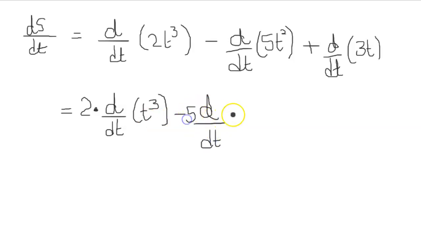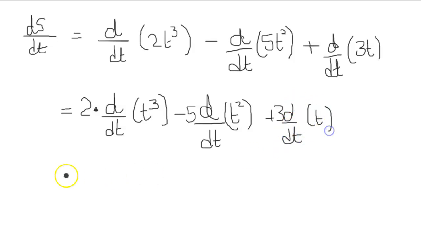The 5 is already out. Now, 3 comes out, reduce the power by 1, so 3 minus 1.